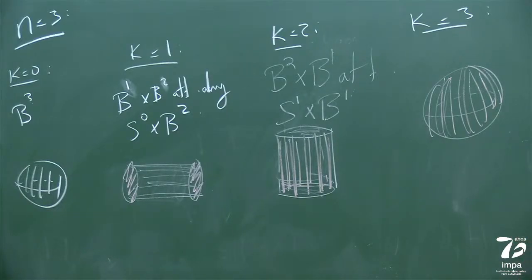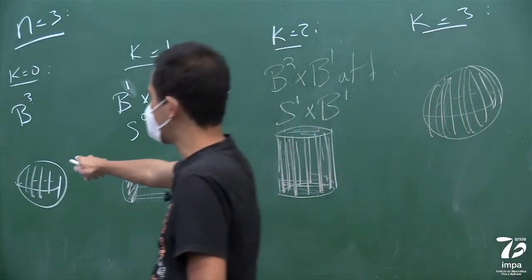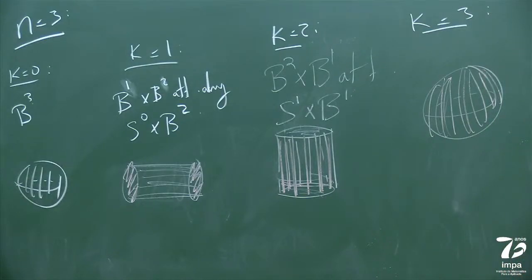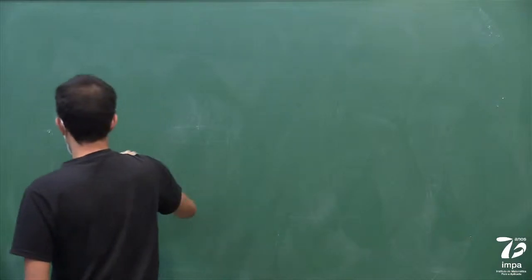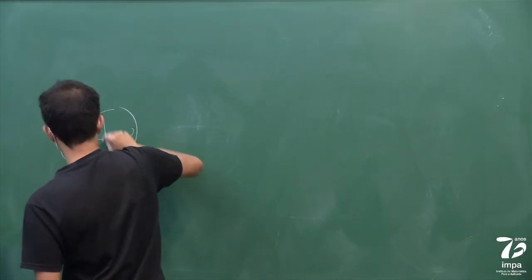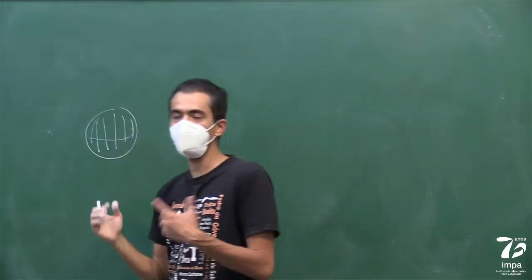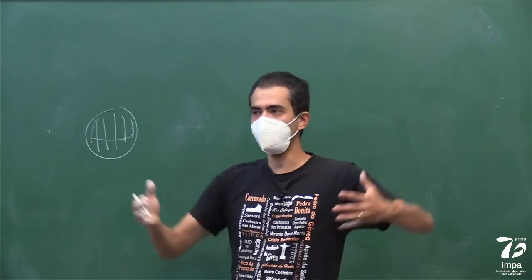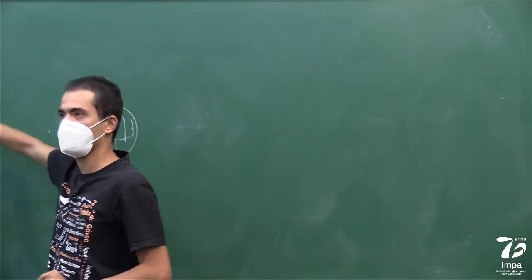So let's say we start with a 0 handle. And then we want to glue a 3 handle. So what's that? That can be done. You start with a 0 handle. That's just a ball that's attached to nothing. And what's the boundary of that? That's a sphere, which means that I can cap the sphere with a 3 handle.